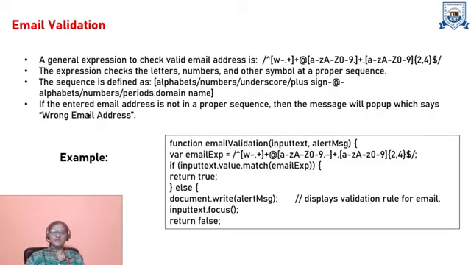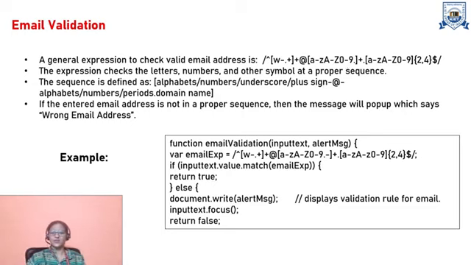Email validation. So a general expression to check a valid email address is this. Between these forward slashes we can give it, this is the starting, this is the end position. So what is it checking for? The expression checks the letters, the numbers, and other simple characters in a proper sequence. There is a sequence to be followed for the email.